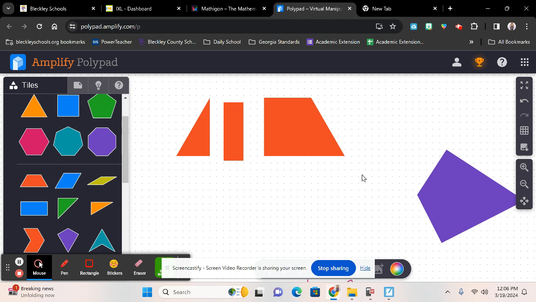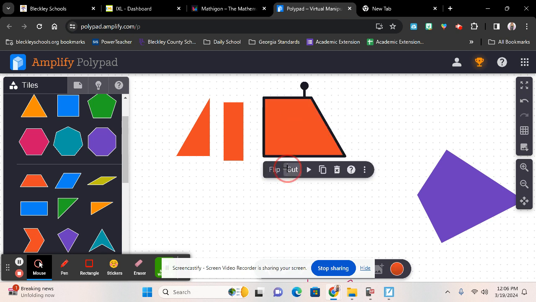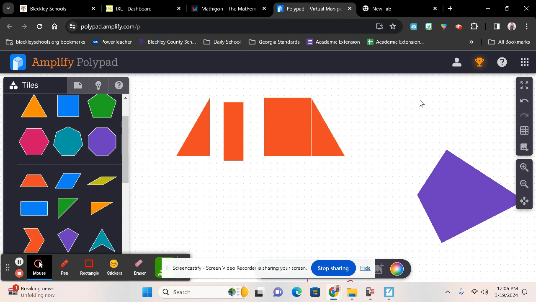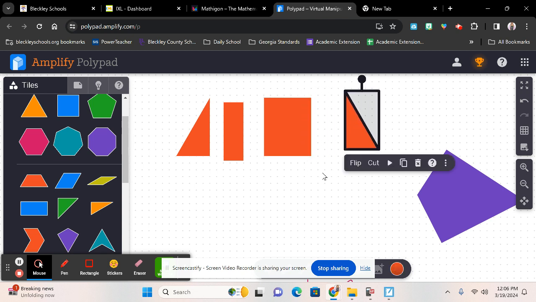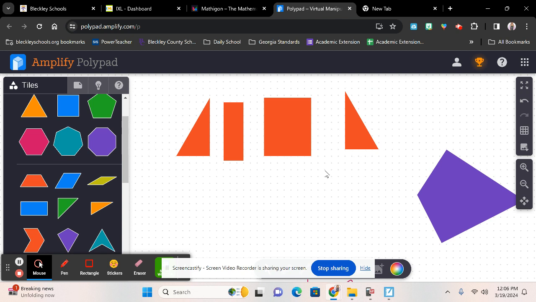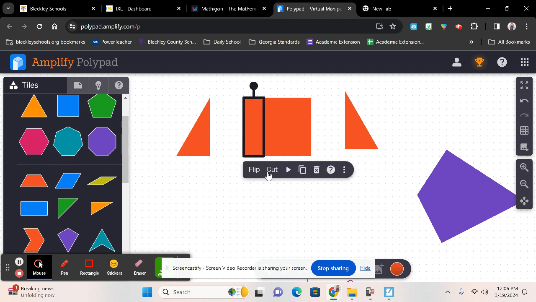Try again. There we go. Now do we have all shapes that we know to find the area of? I probably wouldn't have cut this one. I probably would have kept that together, but I would have ended up with a square or a rectangle and two triangles.